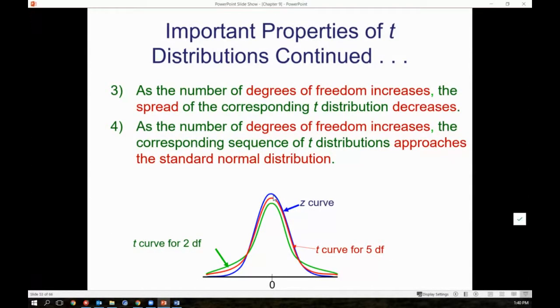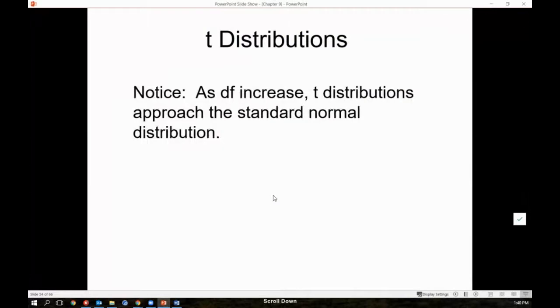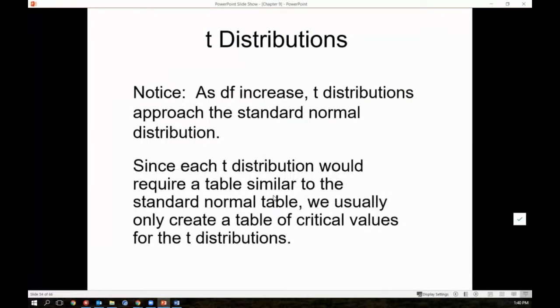So even at 30, we wouldn't be exactly normal. With a t-distribution, you would pretty much have to go to infinity to get it to be standard normal. So as you can imagine, for the t-distribution, each degree of freedom requires its own table.